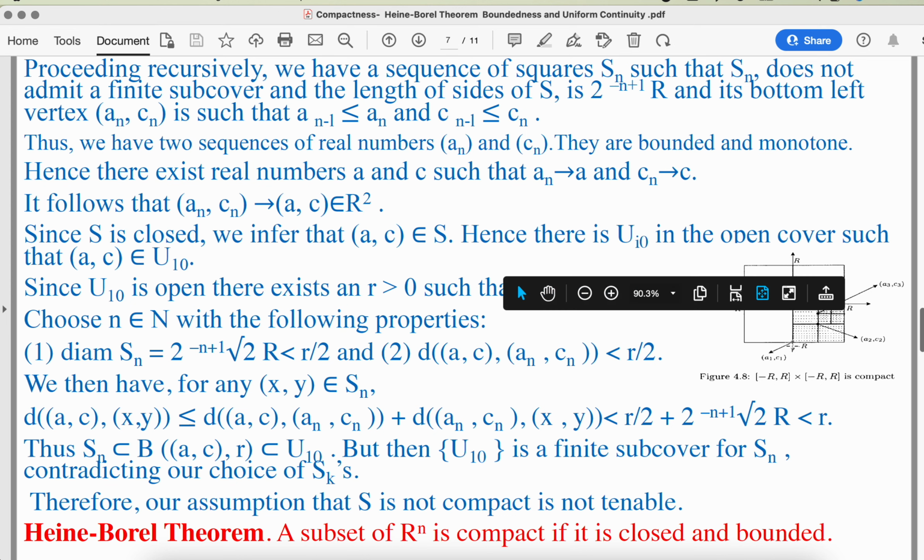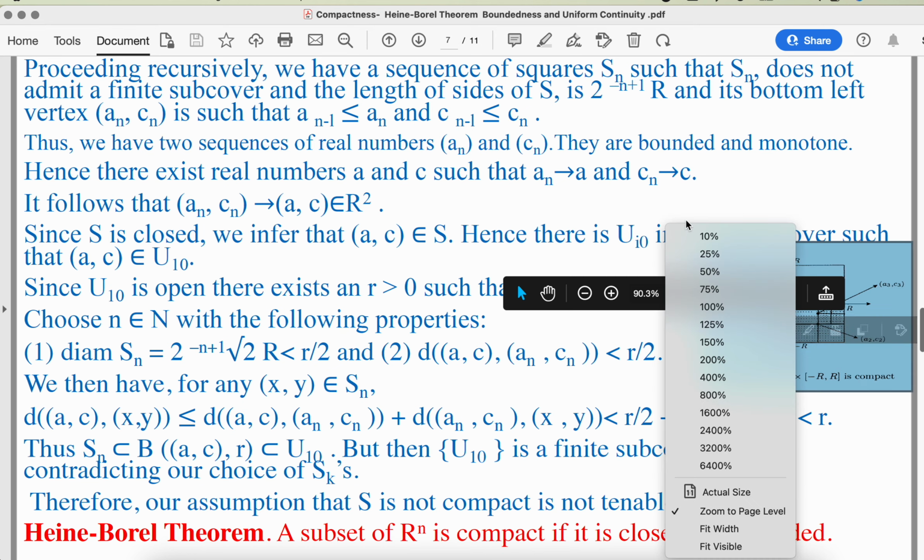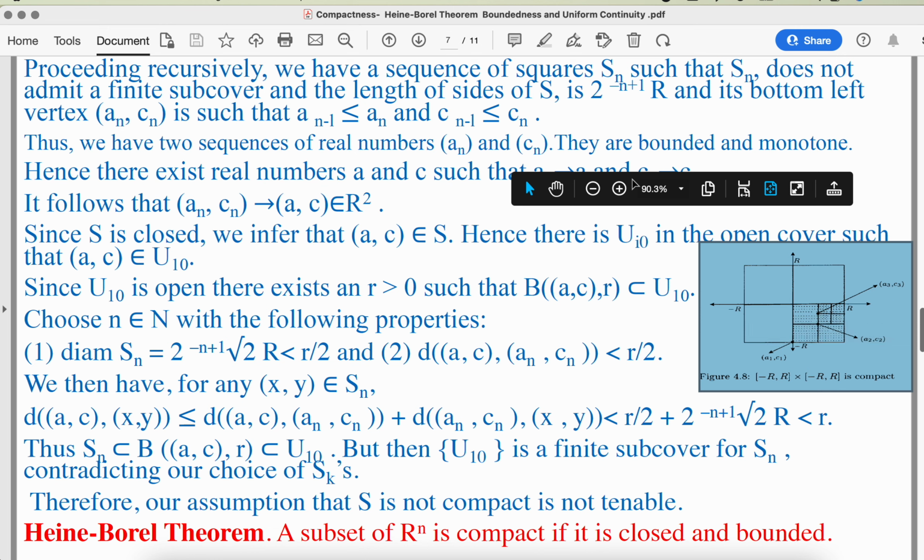Here it is A1 C1, here it is A2 C2, and here it is A3 C3.